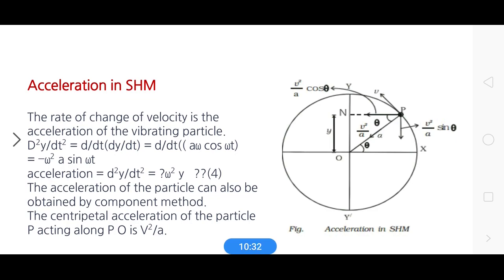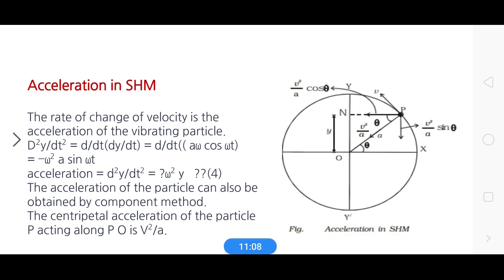So v is the linear velocity at point P. Now as the particle is in circular motion, there is a force acting on the body that is always towards the center. That is called centripetal force. The centripetal force always acts towards the fixed point, towards the center. So the centripetal acceleration is also towards the mean position or towards the center.